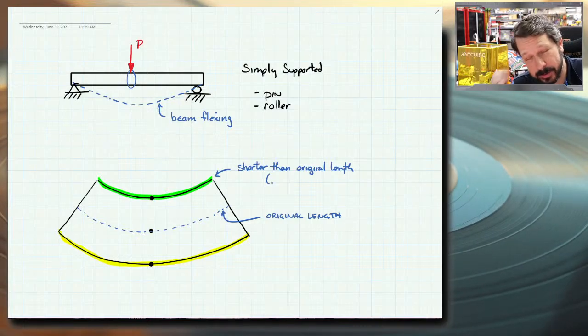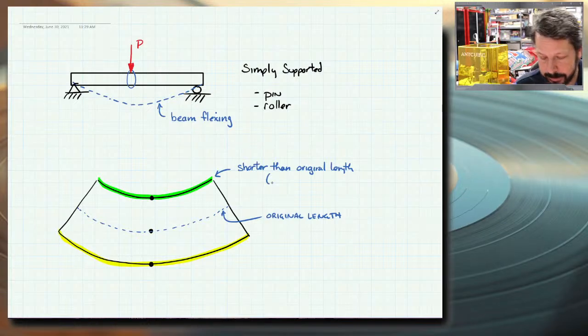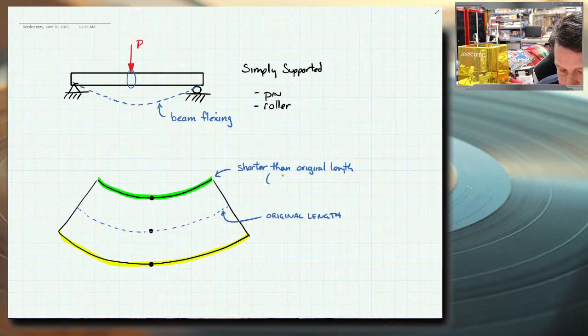And if you remember, Hooke's law said that sigma, the axial stress, equals E, the modulus of elasticity, times epsilon, the axial strain. And so if it has a negative strain, then it also has a negative stress. So we are using compression to talk about negative stress.